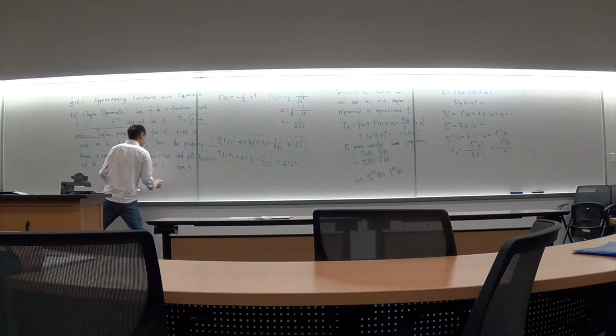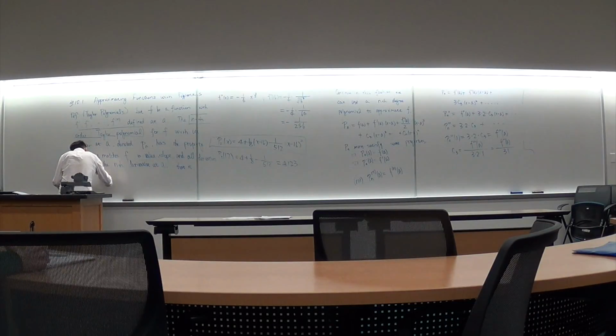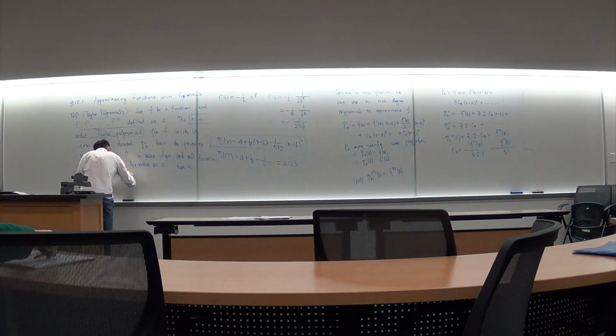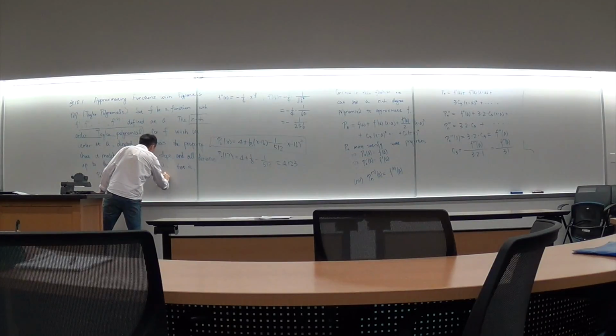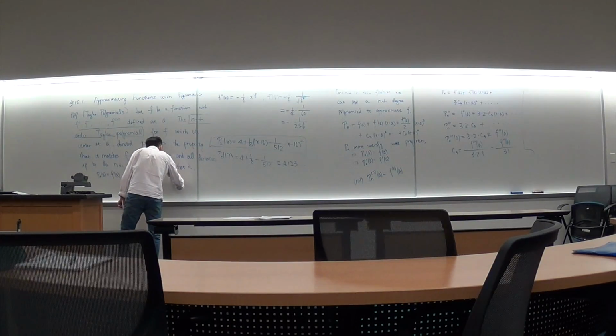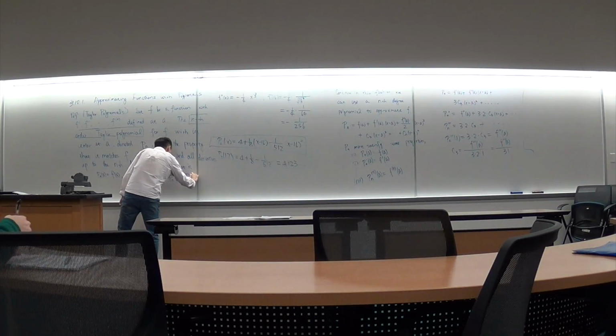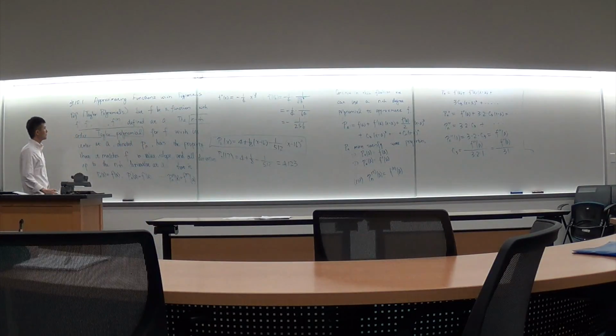So that is P sub n of A is equal to f of A. P sub n prime of A is equal to f prime of A. And then all the way to the nth derivative. Right, so this nth order Taylor polynomial denoted P sub n has these n+1 properties, right?